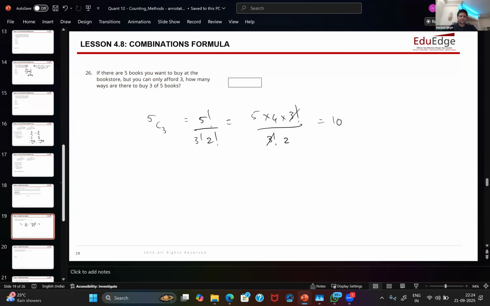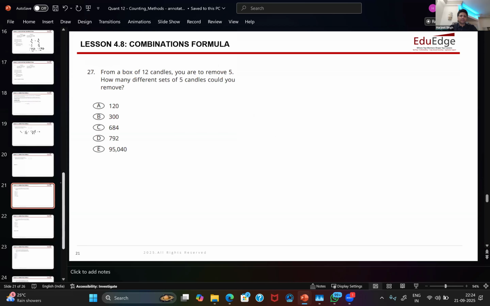Any questions? No. Okay, let's move on. From a box of 12 candles, you have to remove 5. In how many different sets of 5 candles could you remove? Remove means again selection only, right? Select and remove. So is this combinations or is this permutations?